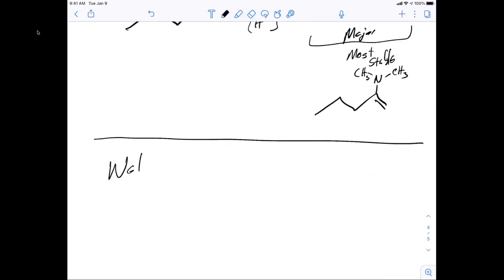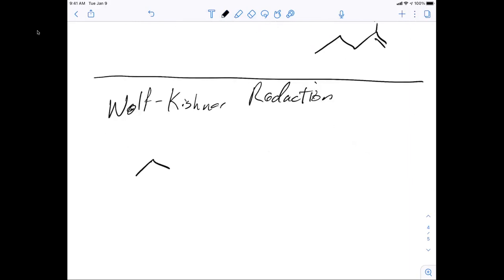The next reaction is a Wolff-Kishner. And the Wolff-Kishner, we're going to actually make a hydrazone.